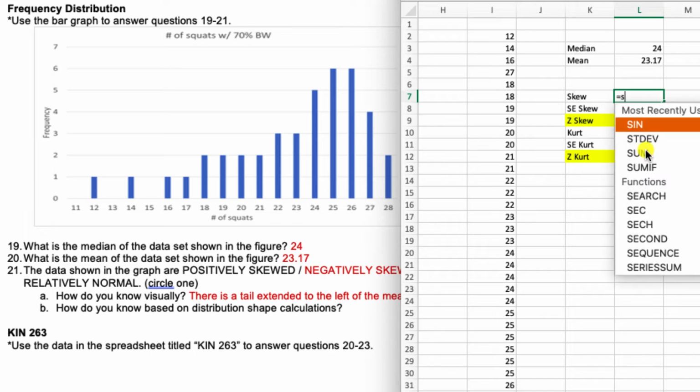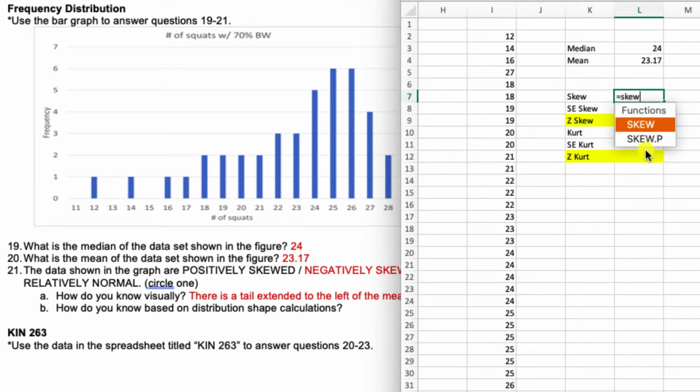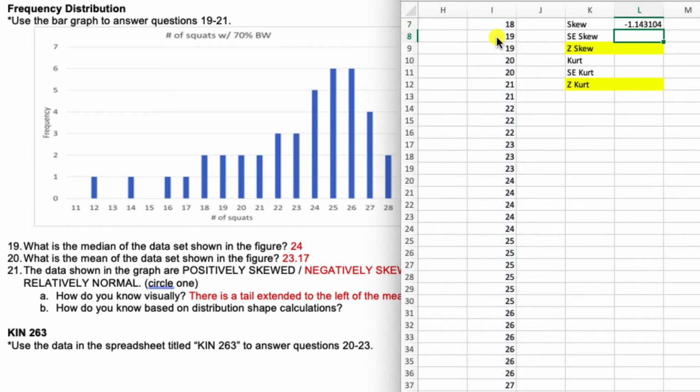So to find our sample skewness, we use our skew function on our list of data. Standard error is equal to the square root of 6 divided by our sample size.